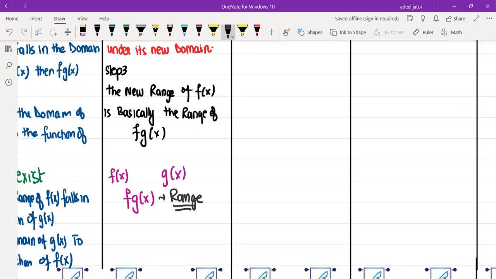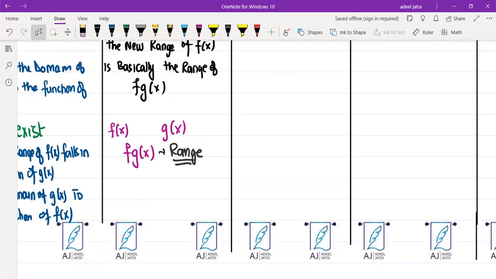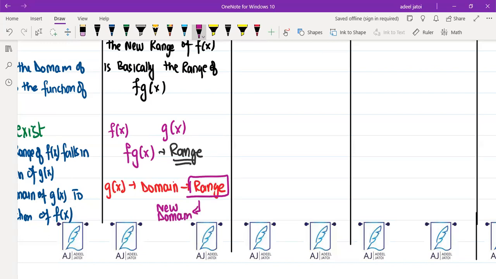So your g(x) function will have a domain. Find its range. This range of g(x) is basically your new domain of f(x).